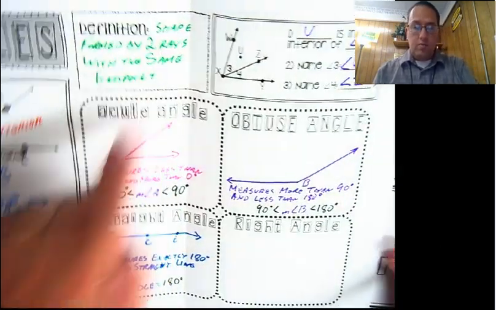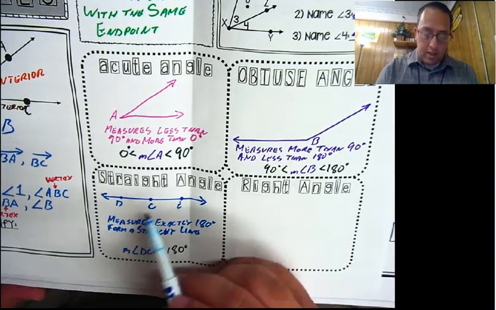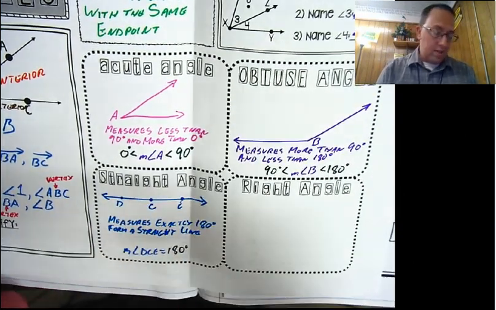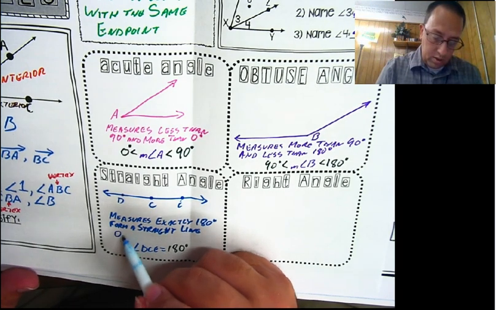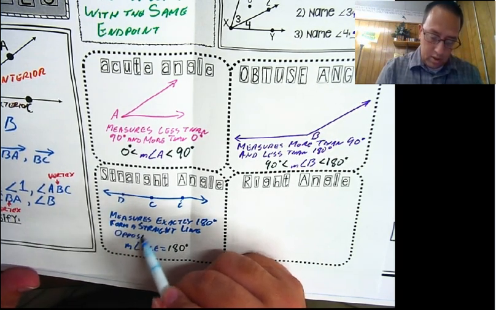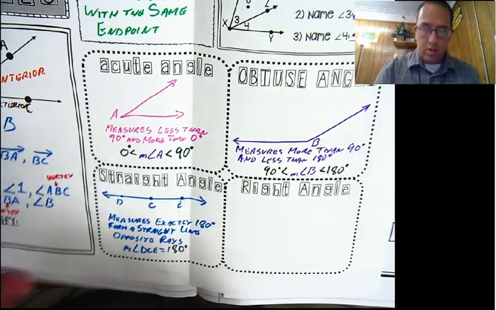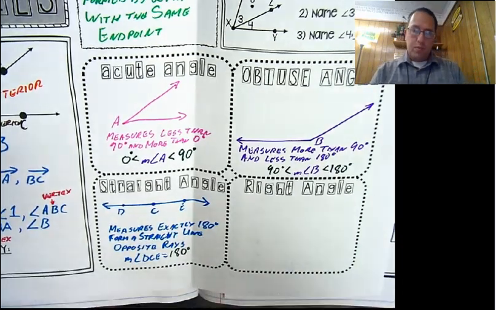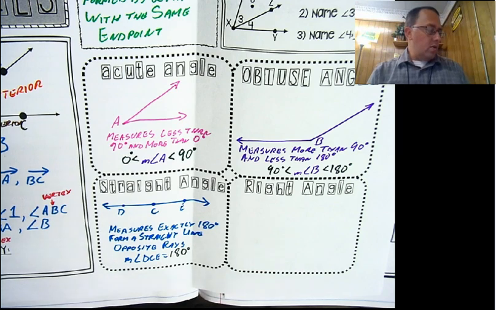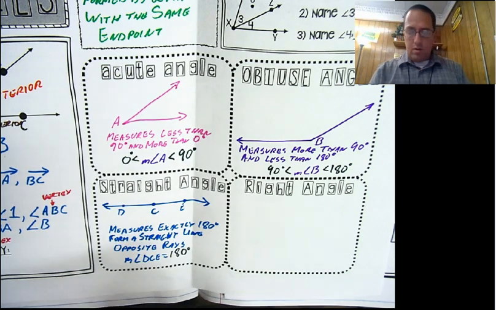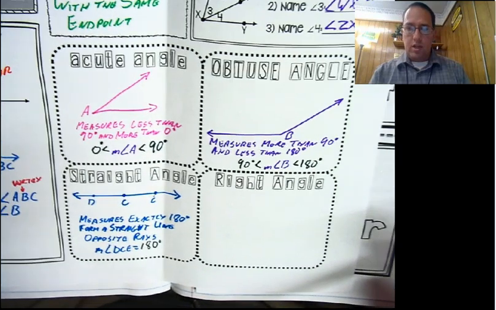Formed by 2 rays with the same endpoint, which means I have 2 rays with the same endpoint. This is also opposite rays. Opposite rays form a straight angle. Right? Okay, so we have one left, and that is the right angle.